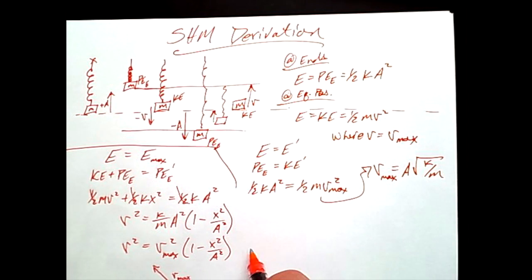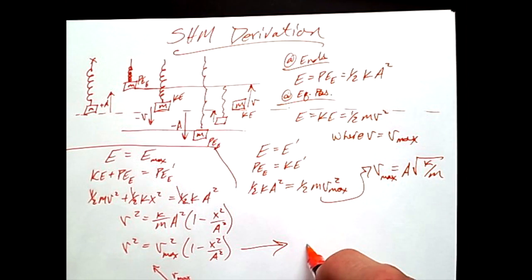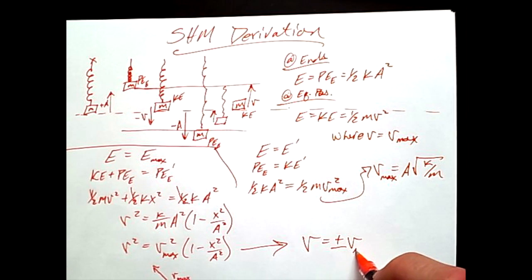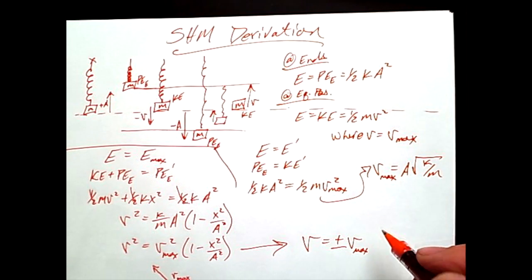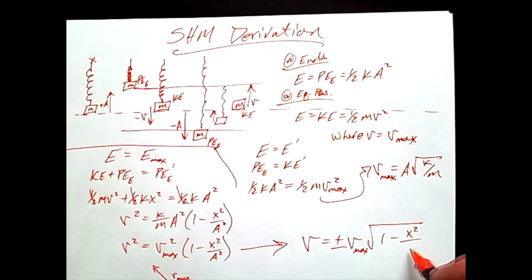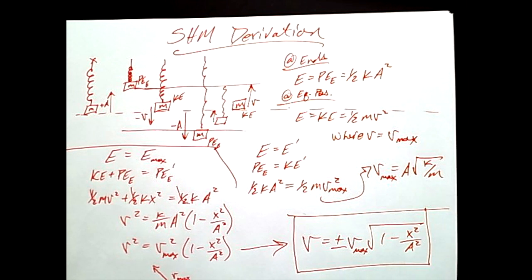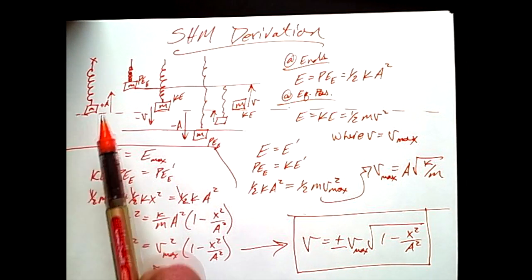And so this allows us to describe the speed of a simple harmonic oscillator as a function that is plus or minus the maximum speed times the square root of this quantity, 1 minus x squared over A squared. And so you can see that the velocity at any point is a function of where it is in relation to the maximum value. Now that's describing this simple harmonic oscillator of a mass and a spring.